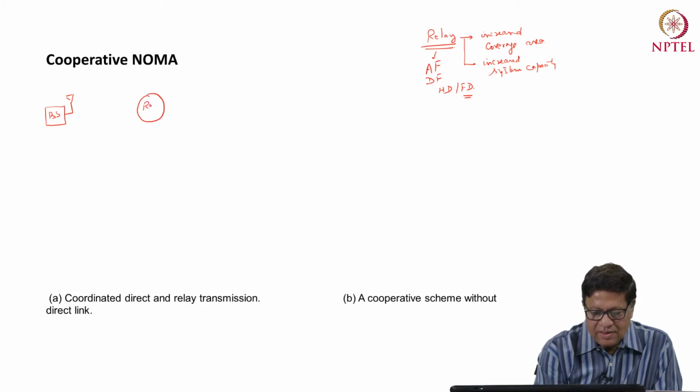This is relay R, and suppose your one user is here. This is user 1, and this is user 2, and they have their antennas here.